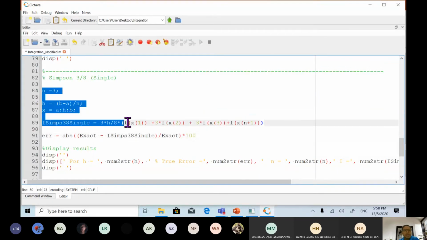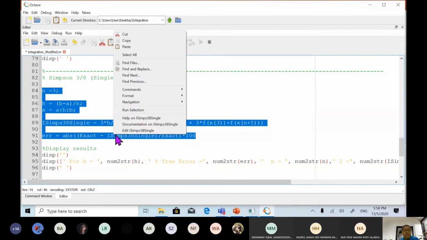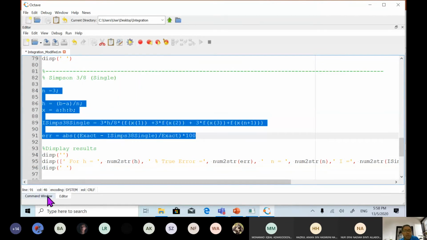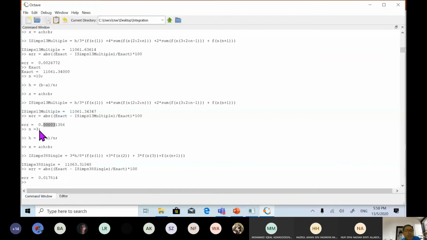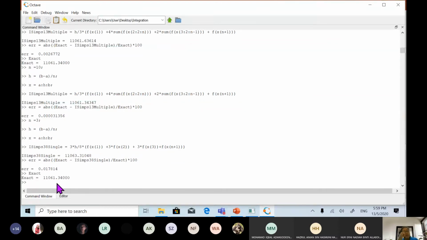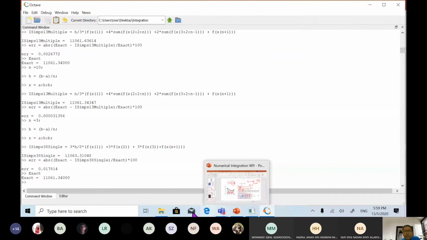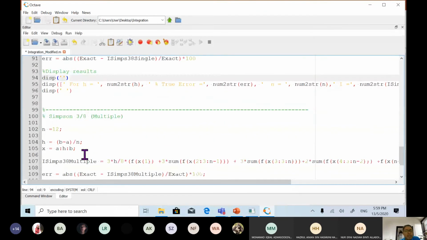So if I run this using 3 equal divisions, let's see what the output is. By using 3 equal divisions, the error is quite small, and the answer is almost equal to the exact, because the exact is 11061.